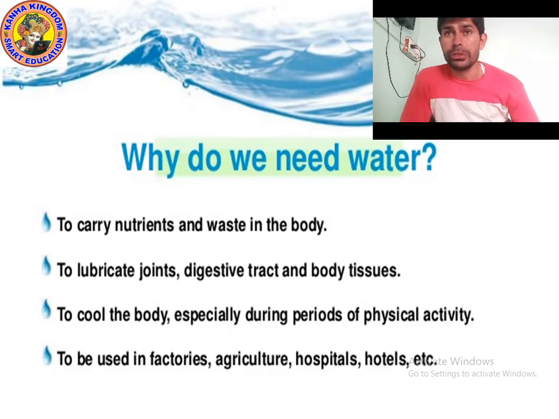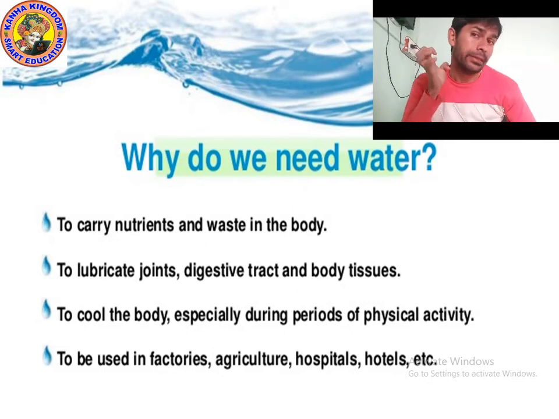Okay, so now the question is, why do we need water? Well, water is very essential. It is used to carry out many processes. You know that water is used for drinking, cooking, cleaning, and in food.